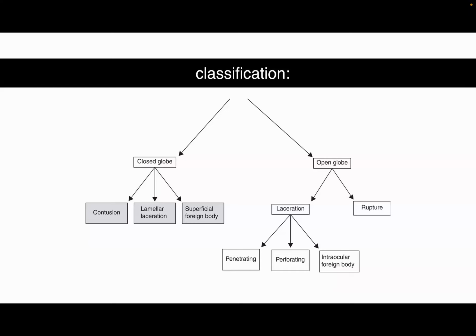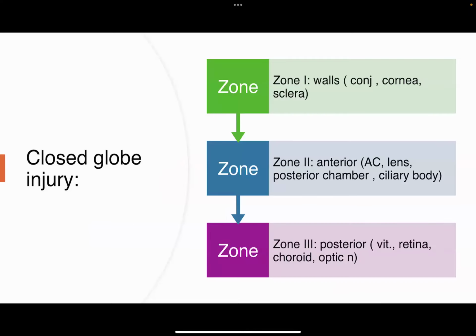Here's the general classification of trauma in pediatric eyes, whether closed or open. We'll go through each one according to the zones. In a closed globe injury, we have to specify where exactly the injury is.